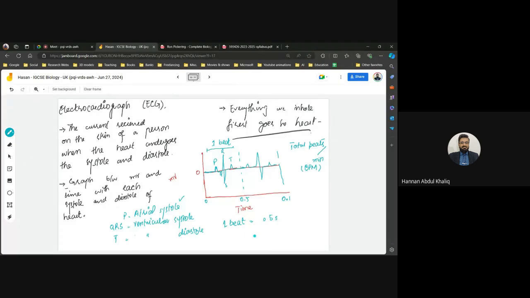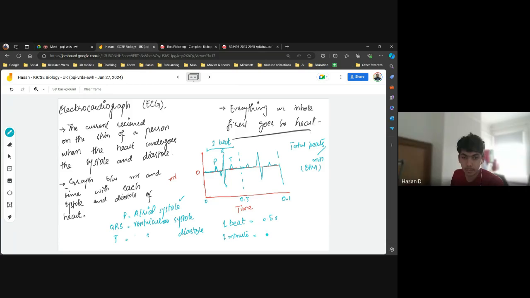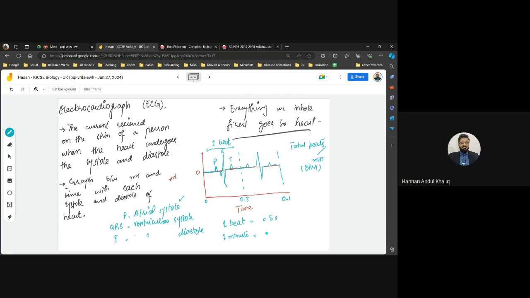So how many beats would be there in 60 seconds, in 1 minute? How should I do it? Should we be multiplying it with 60 or dividing by 60?